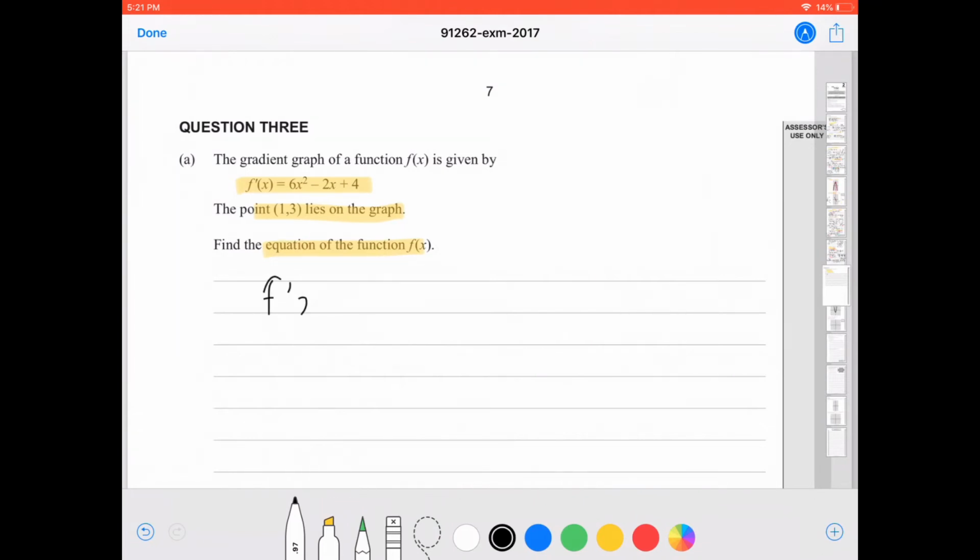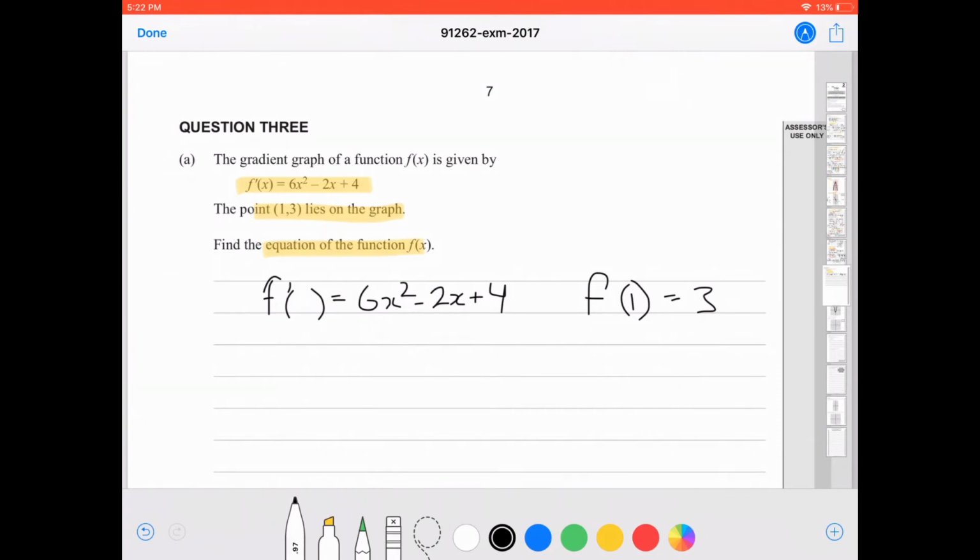So we've got f dash of x, the gradient function, that equals 6x squared minus 2x plus 4, and we know a couple things. We know f of 1 equals 3. That's going to help us find our constant.